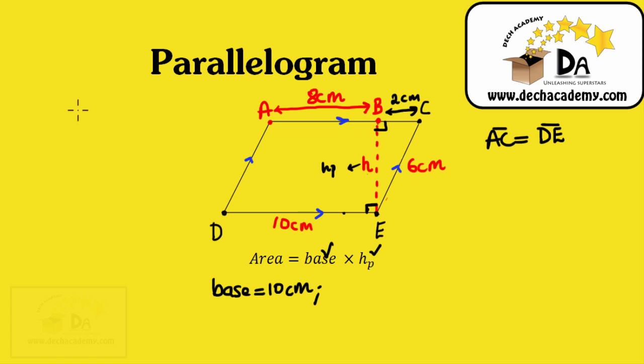So what we have now is this right angle triangle here. This point is point B, this point here is point C, and this point here is point E. H is the perpendicular height, this height here. The hypotenuse of the right angle triangle is 6 centimeters. This side has a length of 2 centimeters. So in order to determine the height, all we have to do is use Pythagoras' theorem.